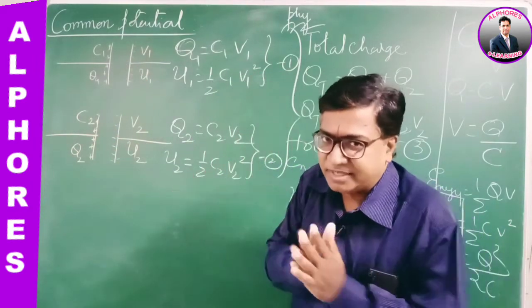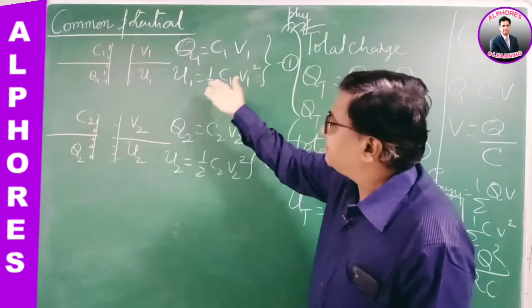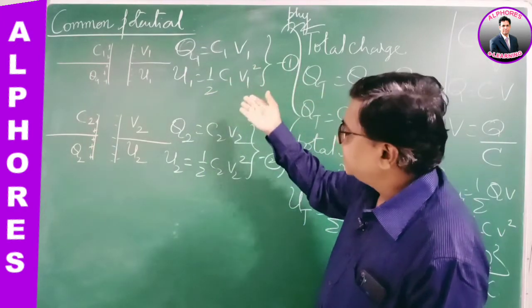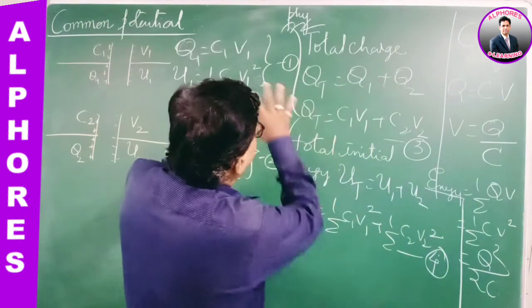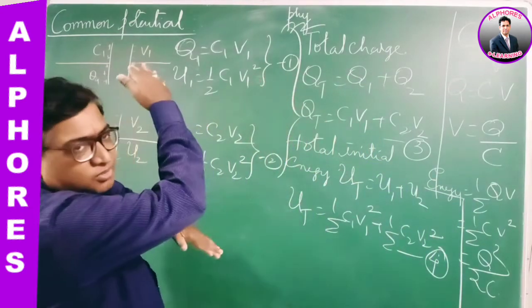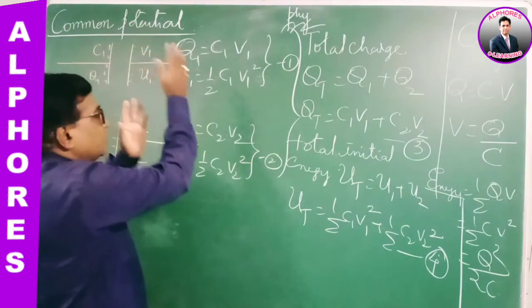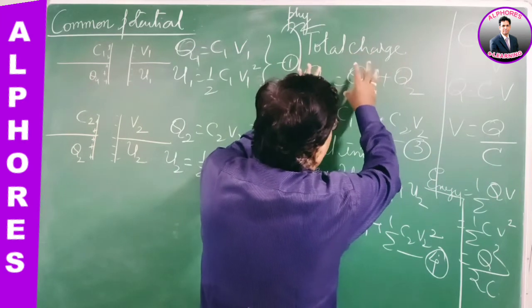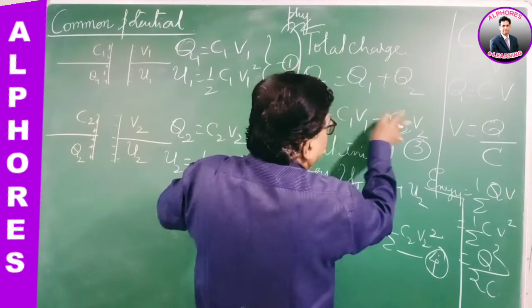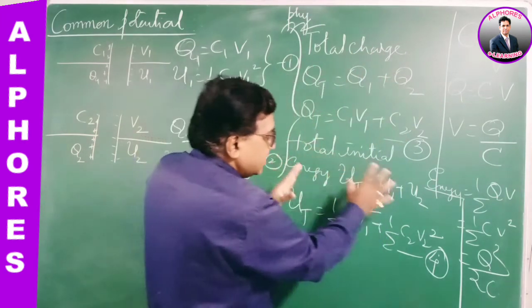Then Q1 is C1 V1, U1 is half C1 V1 square. Q2 is C2 V2, U2 is half C2 V2 square. Together, the total charge is Q1 plus Q2, combined charge C1 V1 plus C2 V2. The total energy is this.